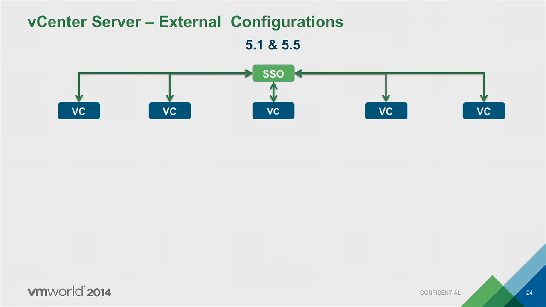If I'm using an external SSO, this is what the world looks like in 5.1 and 5.5. Typically per site, you're going to have at least 2 SSO VM instances, and just for simplicity's sake, in the slides we're just including 1. But the basic concept is you're going to have 1 SSO VM or physical host, and you're going to have multiple VC instances connected to it.